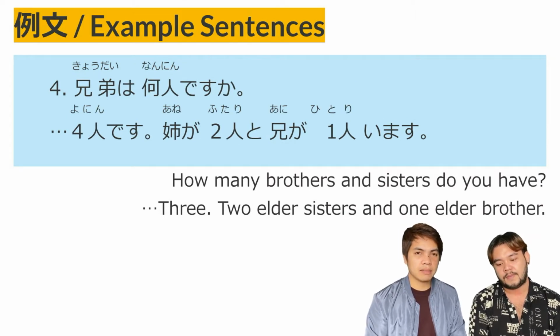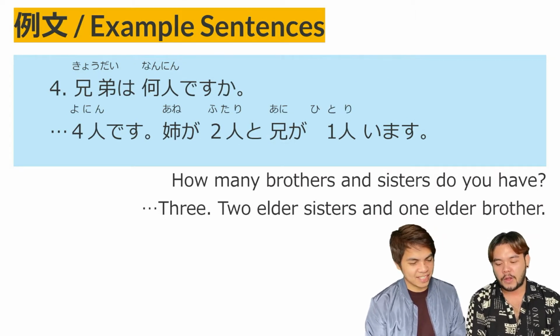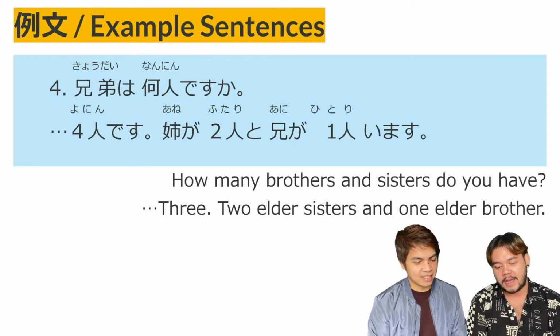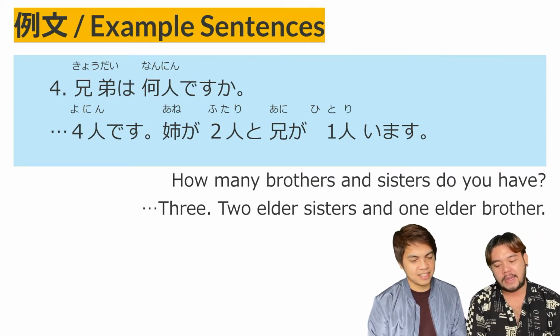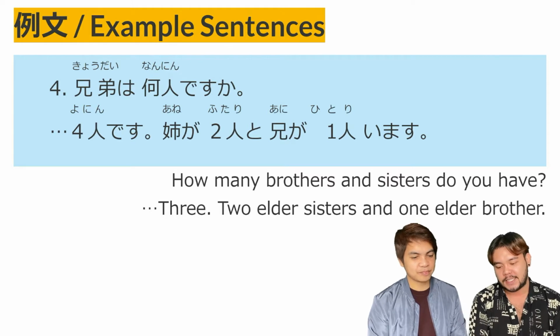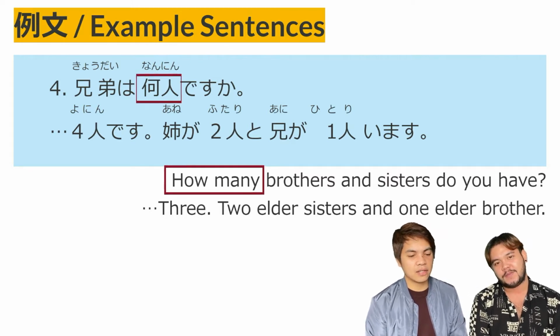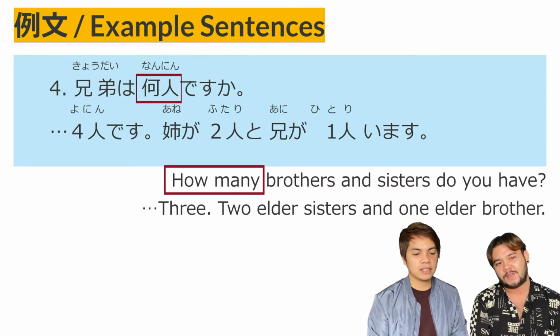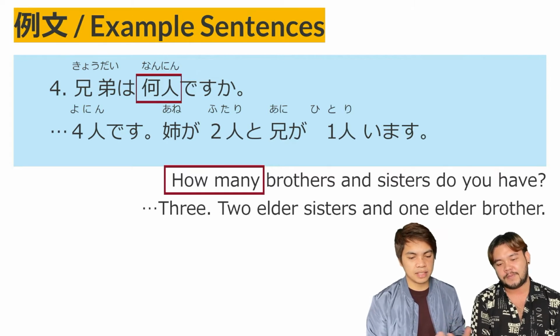Number 4. Kyodai wa nannin imasu ka? 4人です。姉が2人と兄が1人います。 Kyodai means your brothers and sisters. How many siblings do you have? Nannin, the interrogative nan, nin, how many people?